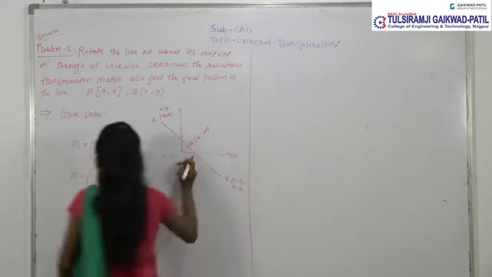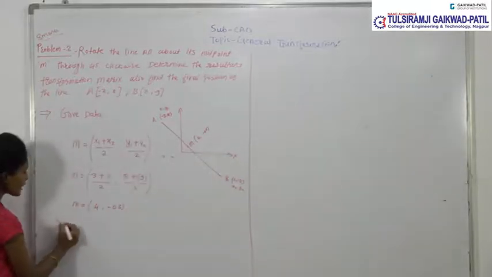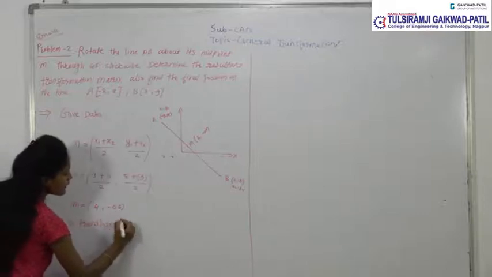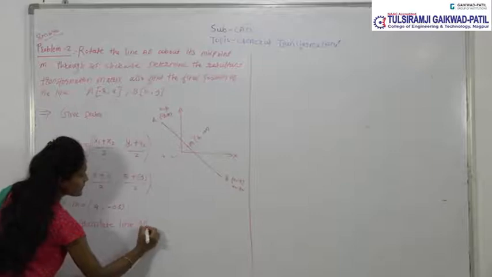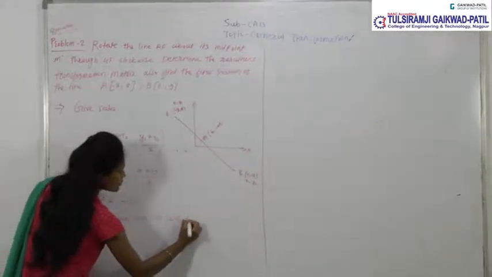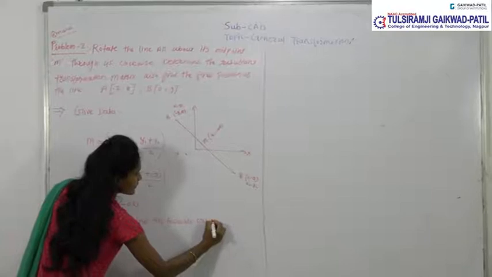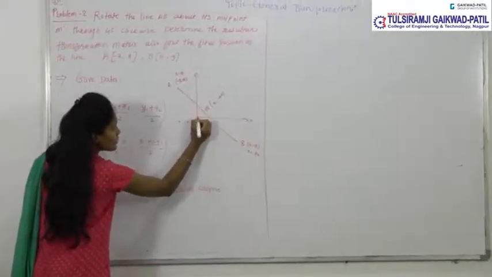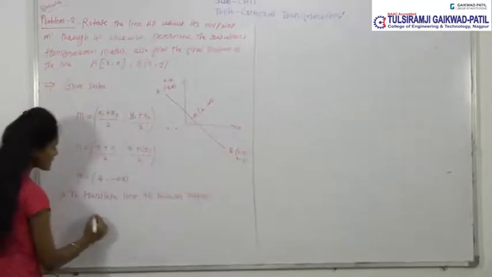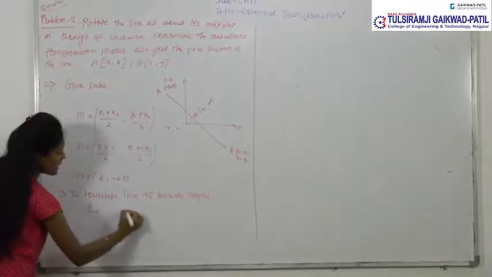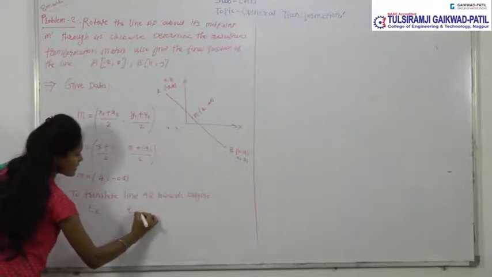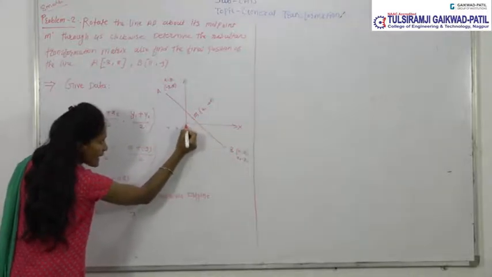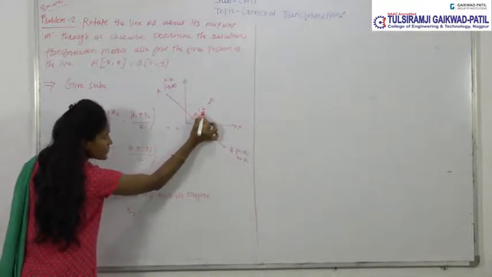So the first step of this numerical is to translate line AB towards the origin. Translation along x is Tx and along y is Ty. Here we are doing backward translation, so the values change in sign.